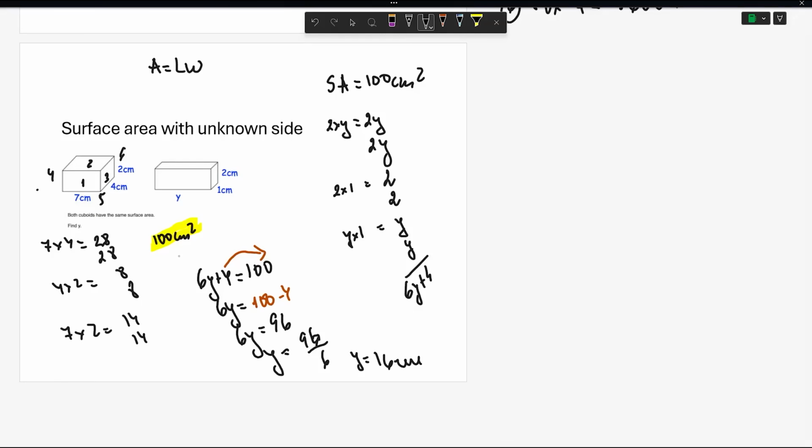This is our surface area. And now we start finding our y. So 6y, when 4 goes to the other side, so plus, when it goes here, it becomes minus. So it's 6y equals 96, and then y equals 96 over 6. When 6 goes here, you need to divide, and we found our y is 16.